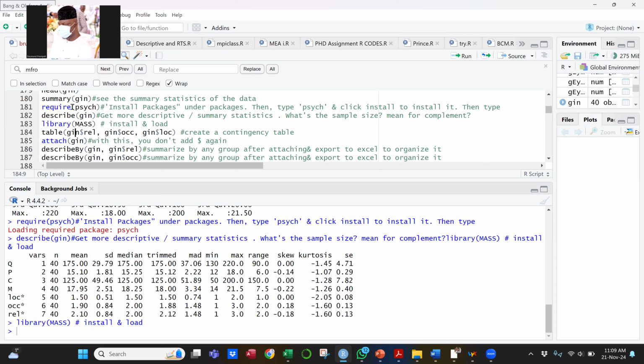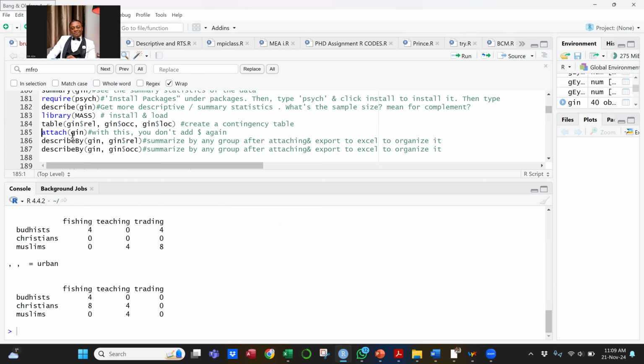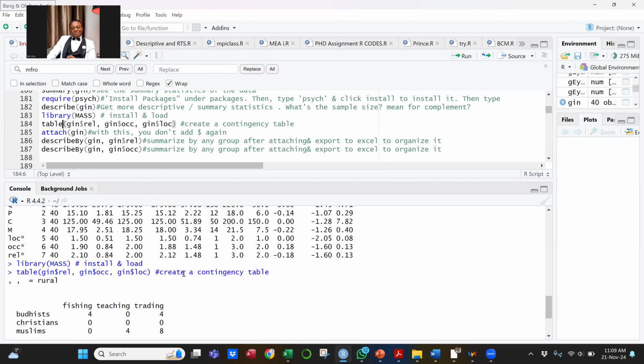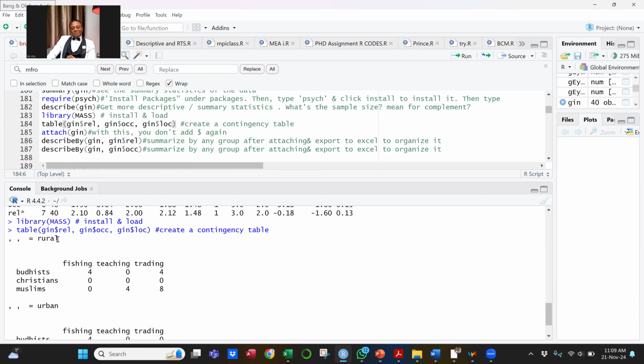But for this very one, I have not attached, so I'm using Jane dollar. All right. So do that, and that will give you a contingency table, as you can see down here. So do table, bracket, Jane dollar religion, Jane dollar occupation, Jane dollar location. And when you do that, this is what you get. It classifies each of them across religious groups, across occupation, and across location.